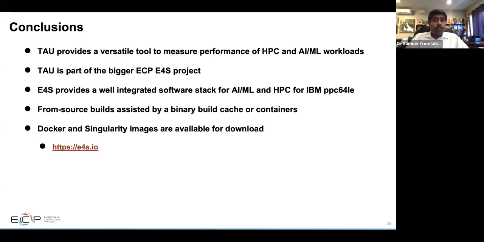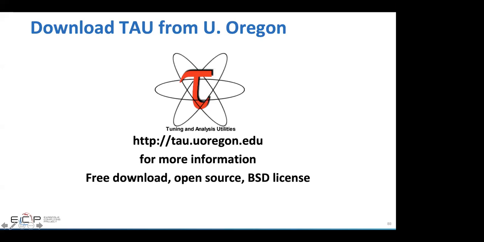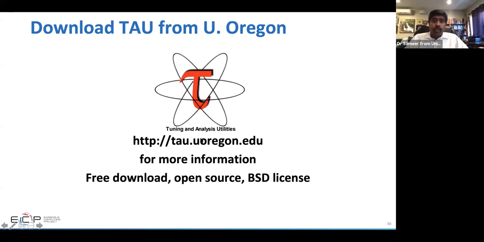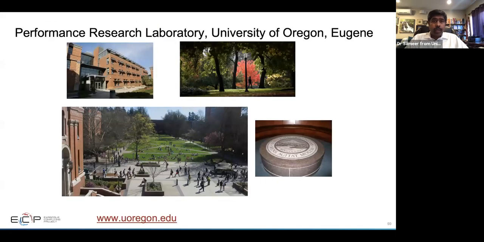It provides from source builds as well as containers, full featured containers for deployment, and Docker and Singularity images are available for download from our e4s.io webpage. You can download Tao from the Tao webpage as well, and it's all BSD style licensed, open source, free.